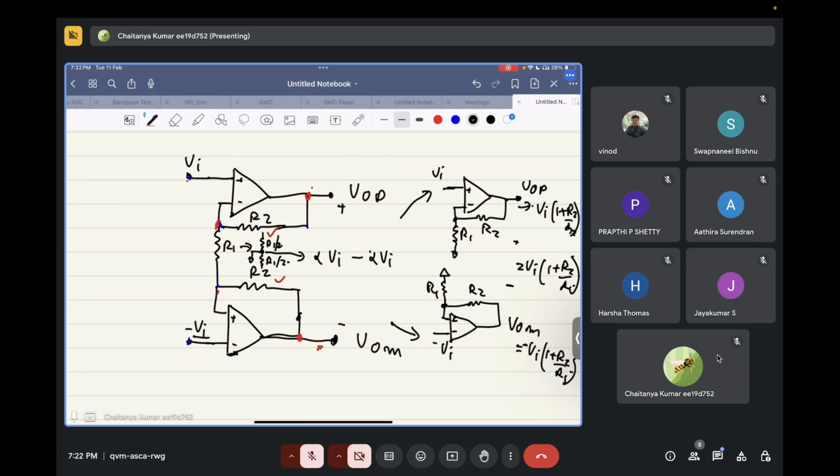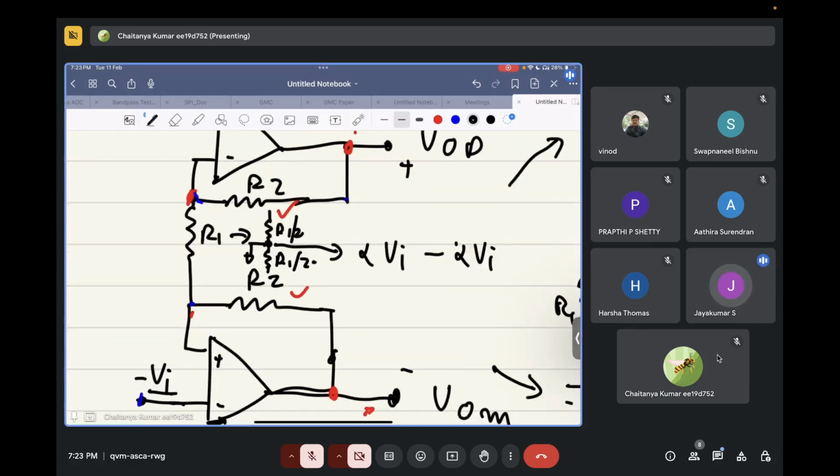This is clear, right, Vinod? If you separate it by ground, it will not affect anything. As we discussed over here, this node is zero anyways.